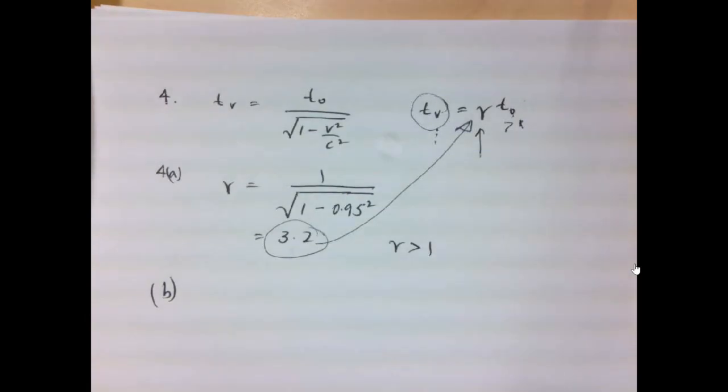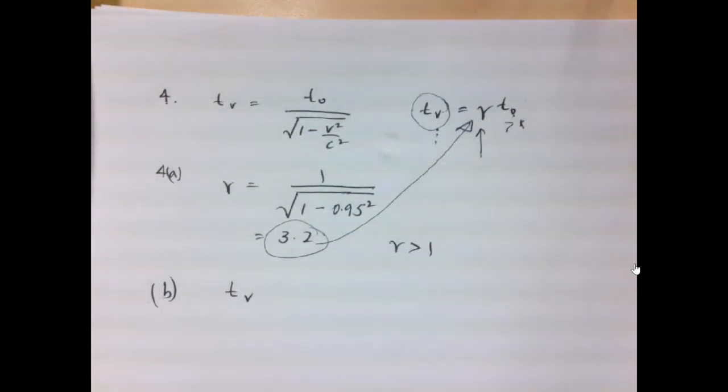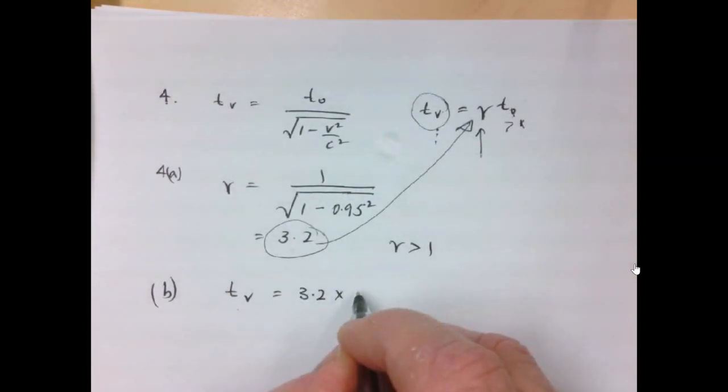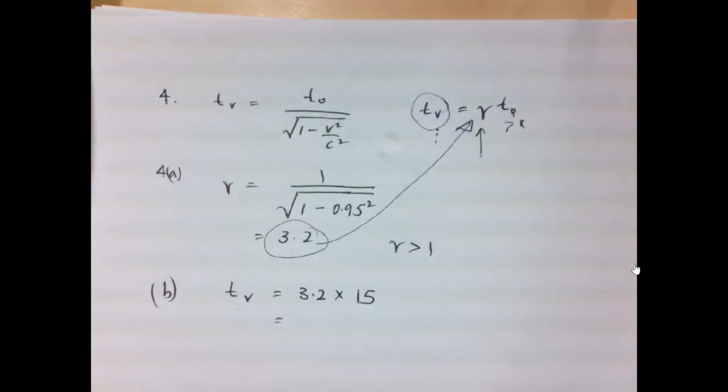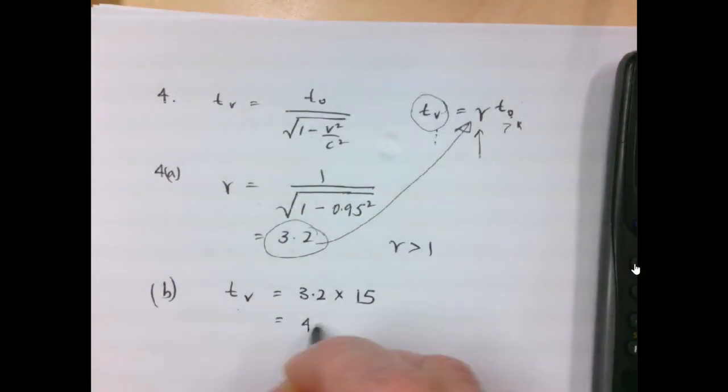So what will happen is the time measured, TV, would equal 3.2 times the time that the observer would normally measure, which is 15 seconds. So multiplying that, 15 times 3.2, we get 48 seconds.